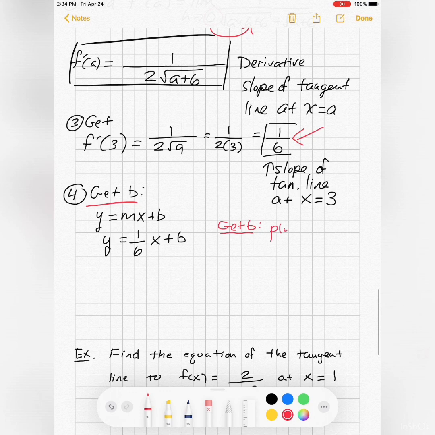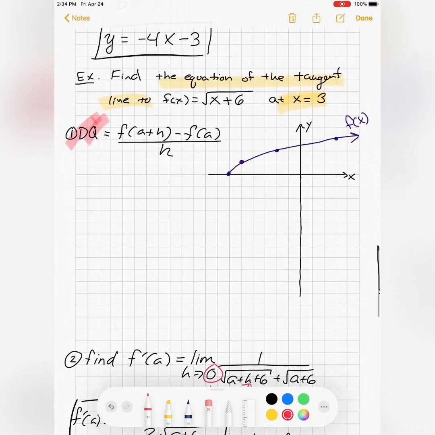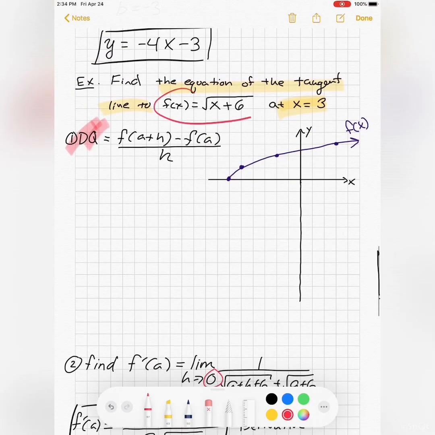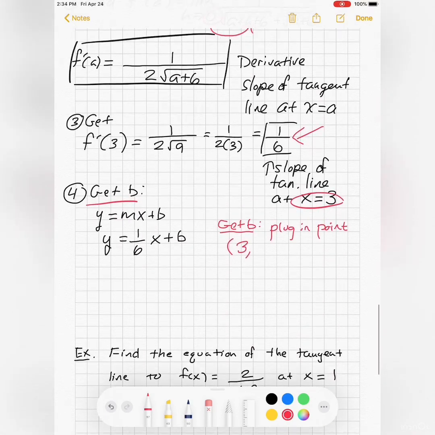And so remember, to do that, I have to plug in the point of interest. So let's see, what was the x value? The x was 3. Then I have to look back at the function. So f of 3 is square root of 6 plus 3, so root of 9, 3.